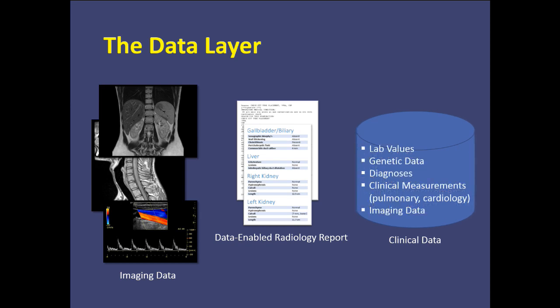These would create a flow of data from the pixel data to clinically usable pieces of data, which could then take their place especially in the patient's electronic medical record, and be used to drive further downstream decision making.